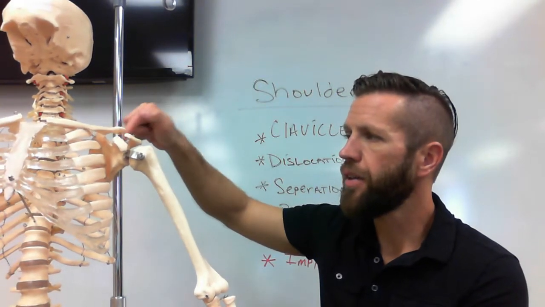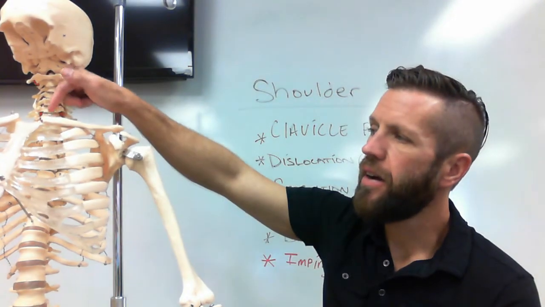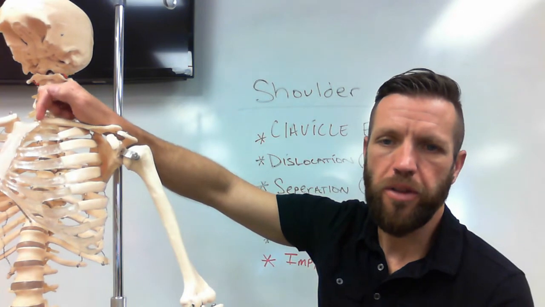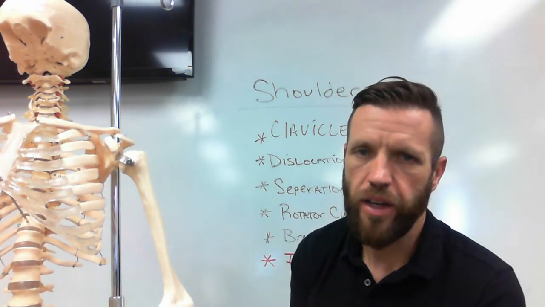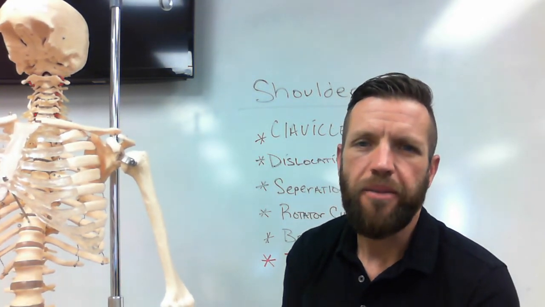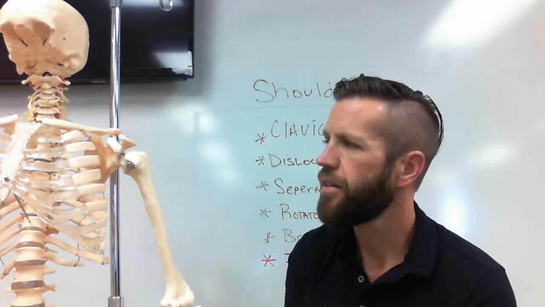The clavicle and the scapula come together at the acromioclavicular joint. And then the clavicle has a proximal attachment over here on the sternum and the sternoclavicular area. Your book talks about sternoclavicular injuries, and they're very common, but we don't see a lot of them in sports, but you can read more about that in your text.